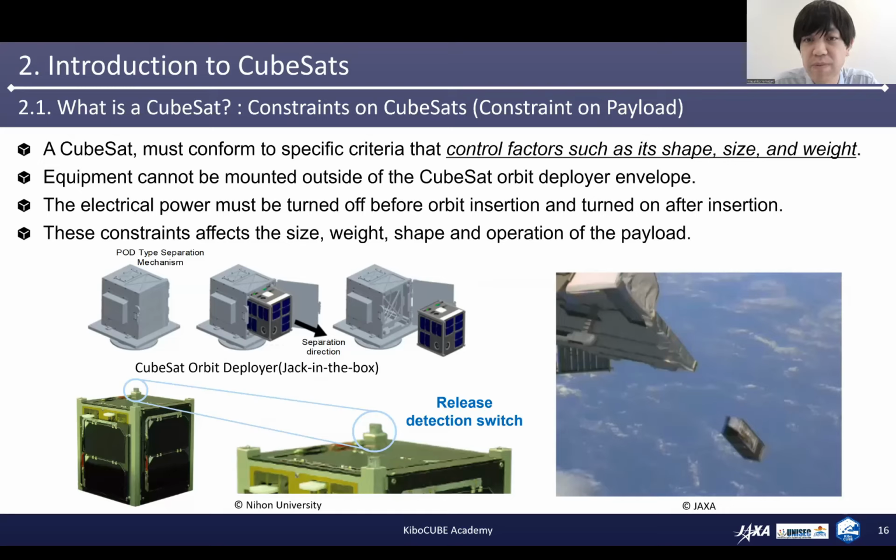Equipment cannot be mounted outside of the CubeSat Orbit Deployer envelope. The electrical power must be turned off before orbit insertion and turned on after insertion by a release detection switch. These constraints affect the size, weight, shape, and operation of the payload.